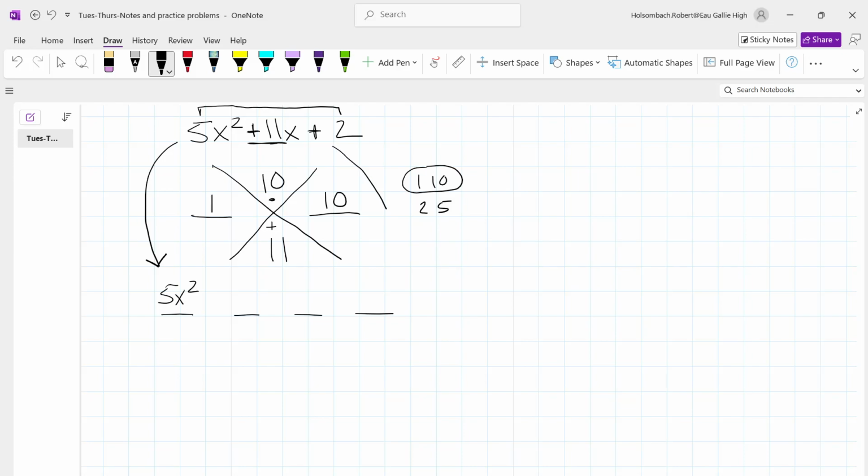Our last term goes here. Our first factor, this positive 1. Now, we don't write the 1 in front of the x, so we just go plus x. And then the positive 10 goes here with an x after it.